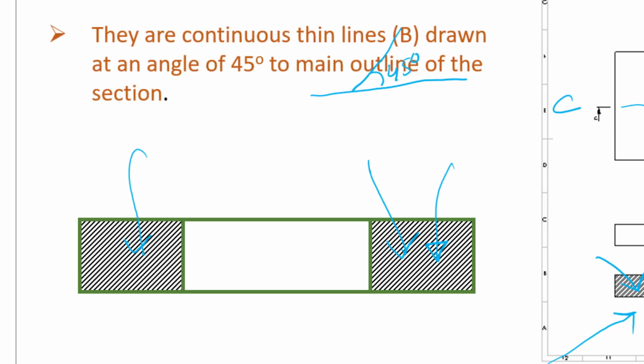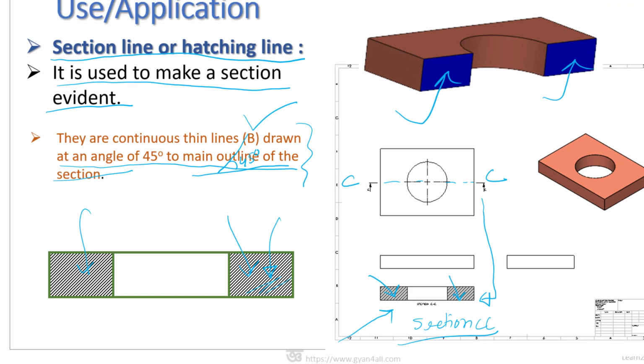So they are continuous thin lines, that means B type line, drawn at an angle of 45 degrees to the main outline of the section. So these hatching lines are at an angle of 45 degrees to the outline of the main object.